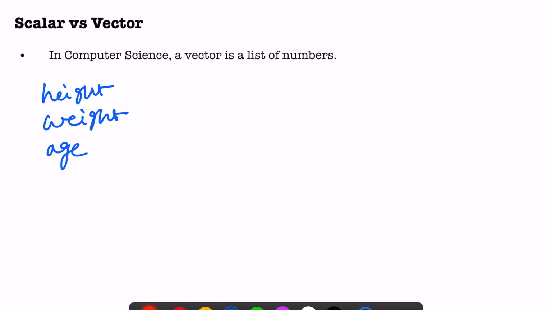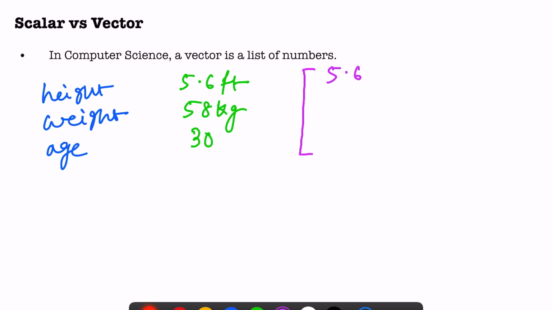So the height of one person can be, let's say, 5.6 feet. Weight can be, let's say, 58 kg. Age can be 30. So this can be represented as a vector or list of numbers like 5.6, 58, 30.